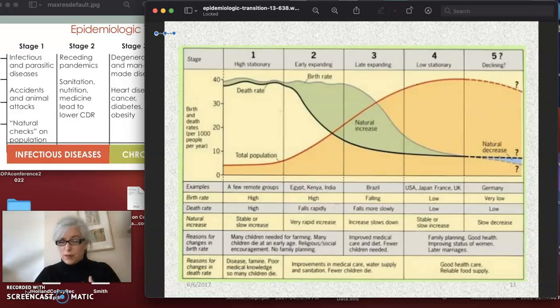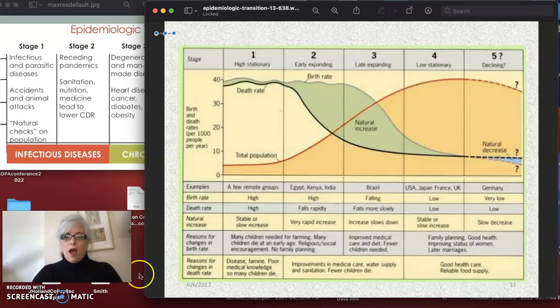Social inequality is a big problem, and poverty in general is a big problem, and anyway, we will try to talk about all those things over the course of the semester, but let me focus now just on how to interpret this demographic transition model.